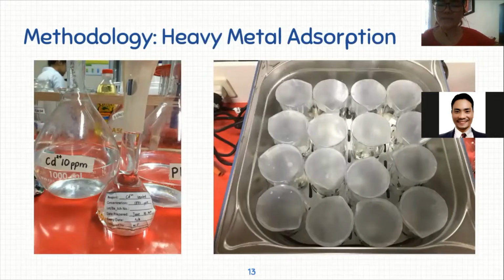So for our heavy metal adsorption experiment, we needed to produce a 10 ppm solution, but our source for cadmium ion solution was actually 1000 ppm. So we took 10 ml of a 1000 ppm cadmium solution and mixed that 10 ml with 990 milliliters of distilled water.